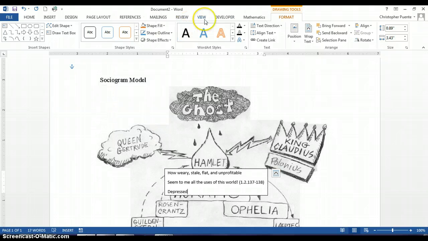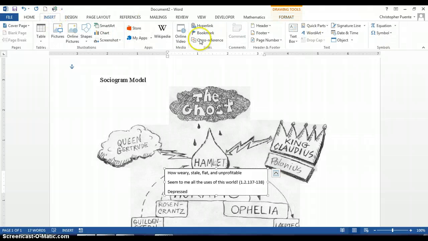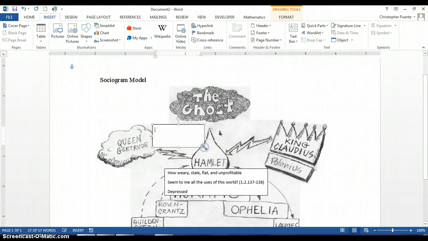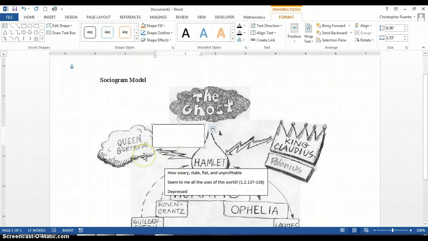So pretend then that I insert another text box here, right between Hamlet and Gertrude. Remember, they have this very jagged kind of relationship. Well, one quote that indicates that is this great quote from Hamlet talking about his mother, and really he's talking about most women: "Frailty, thy name is woman."